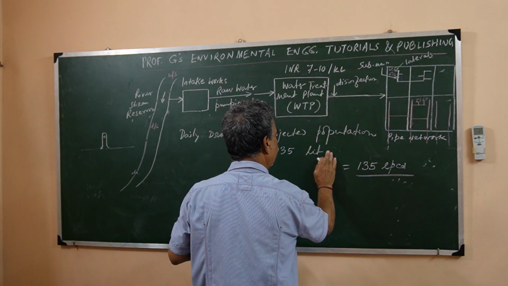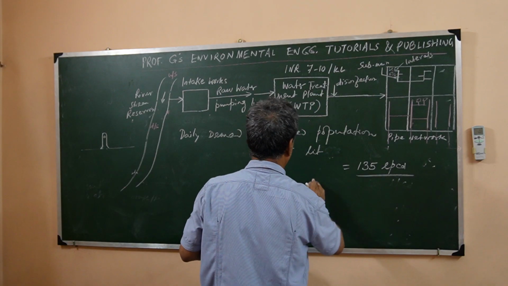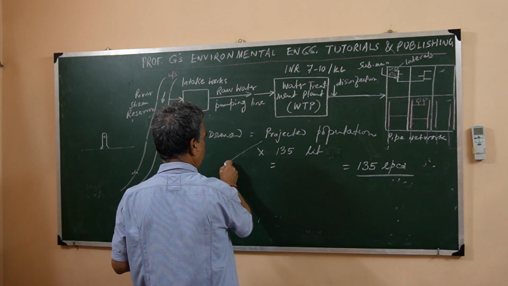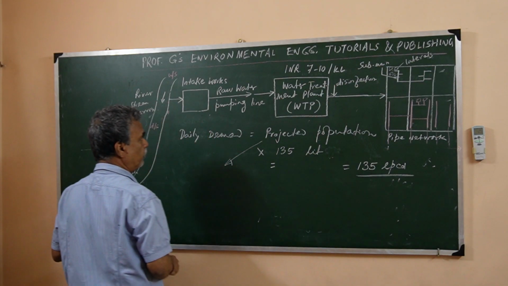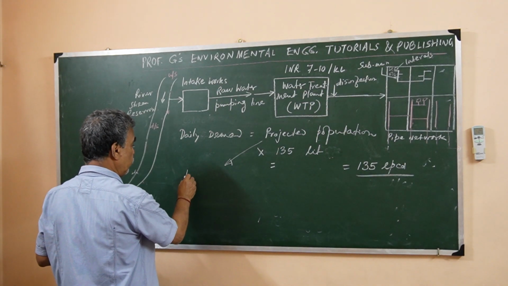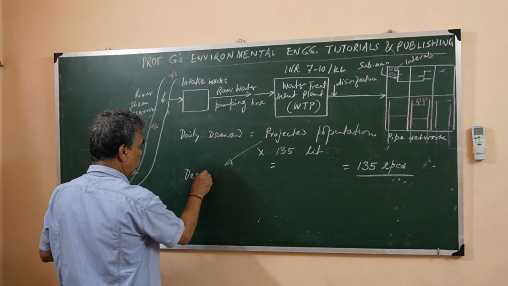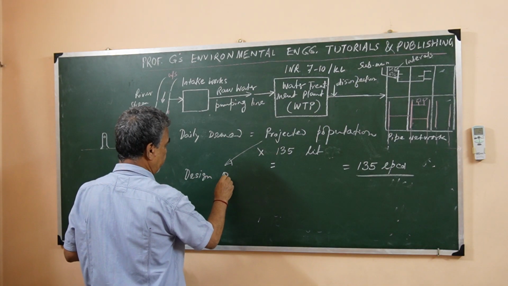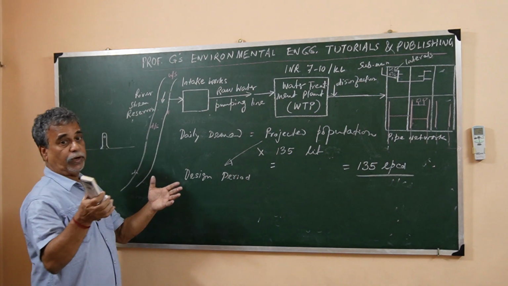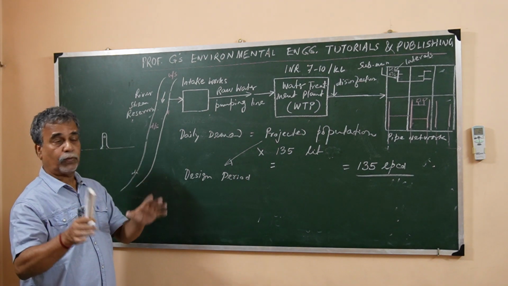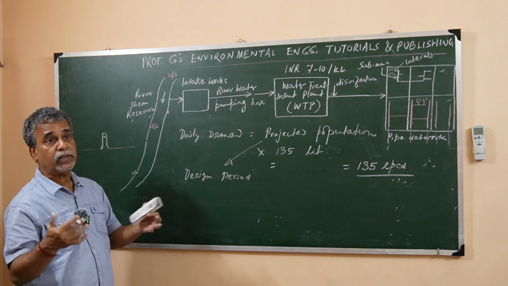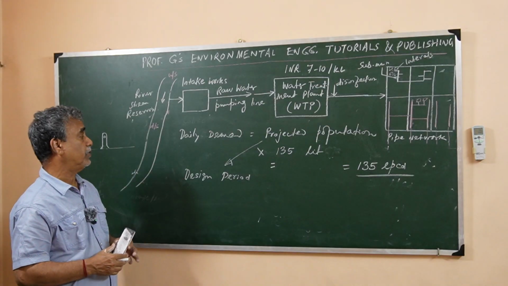Let me omit this part. So this is 135 liters total. Now the question is, how do you get this projected population? For that we need the design period, that is, for how much duration a particular water supply system is being planned, designed and to be commissioned.